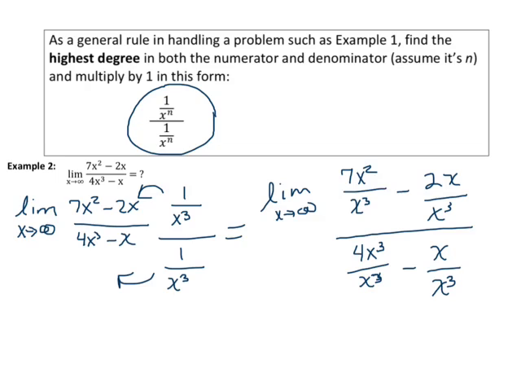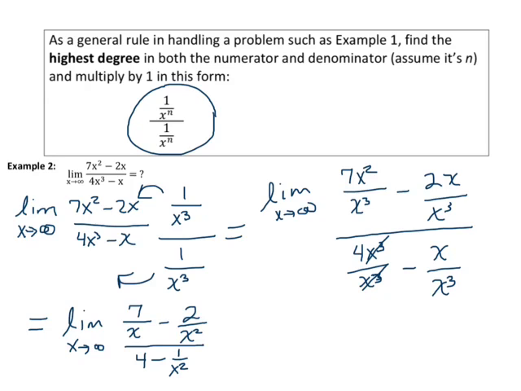So we have here the limit as x goes to infinity of 7 over x, because that's what happens when you reduce there, minus 2 over x squared, over 4, because these x cubes cancel out, minus 1 over x squared.